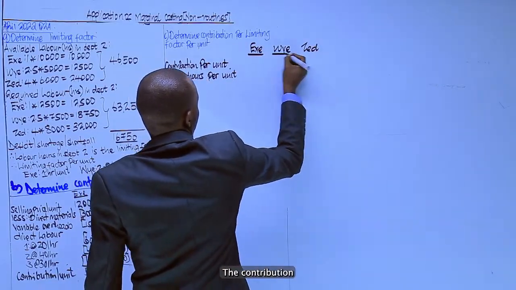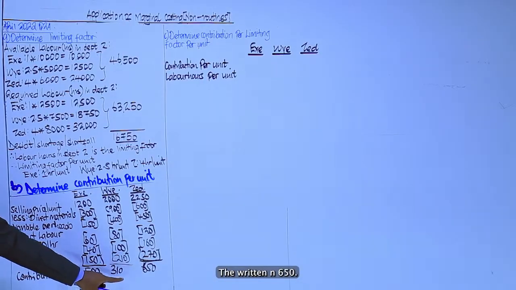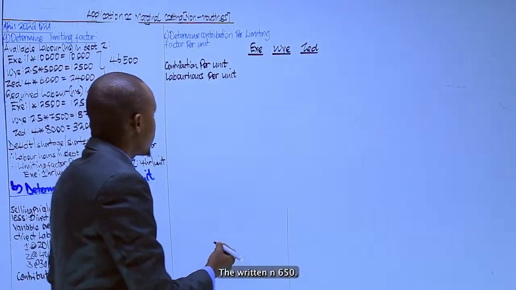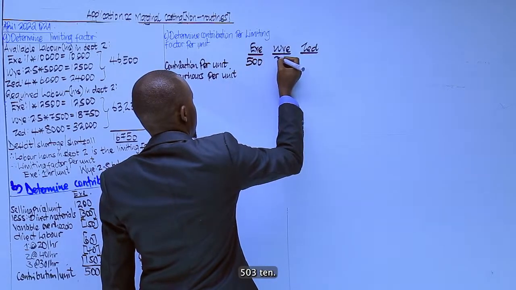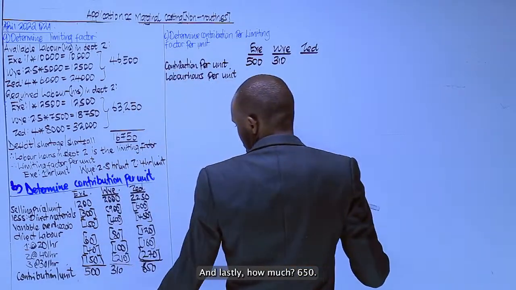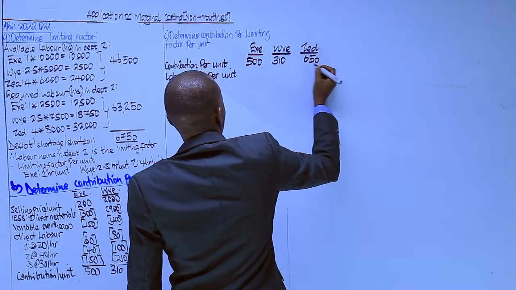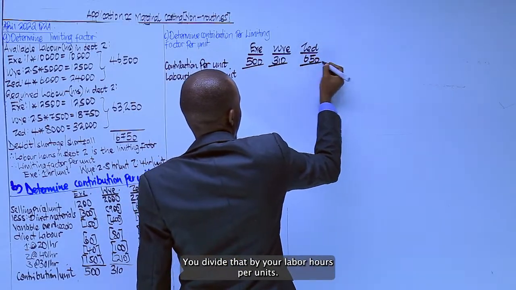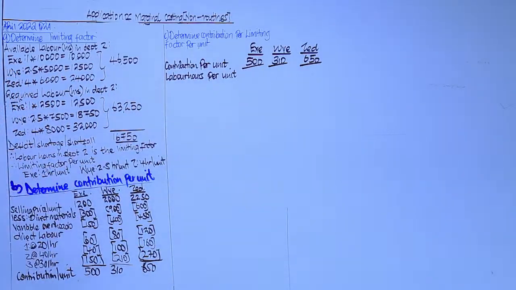The contribution per unit is as per step 2: 500, 310, and lastly how much? 650. You divide that by your labor hours per unit.